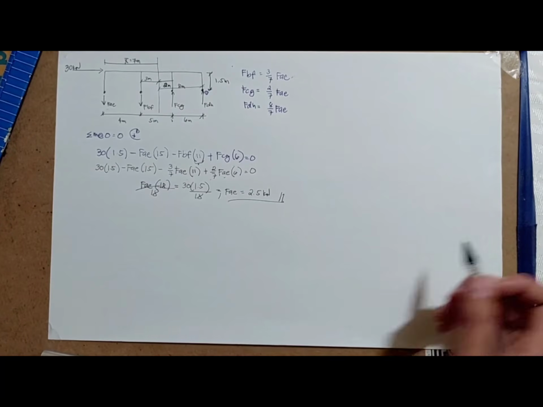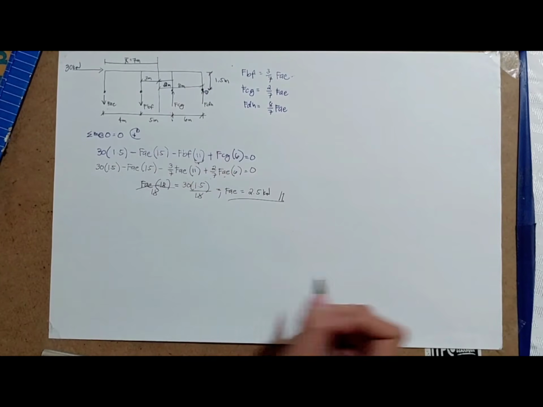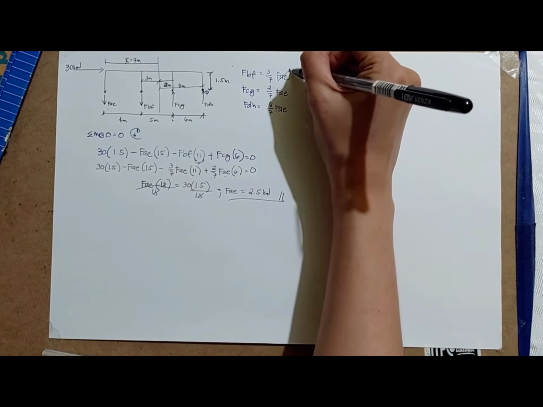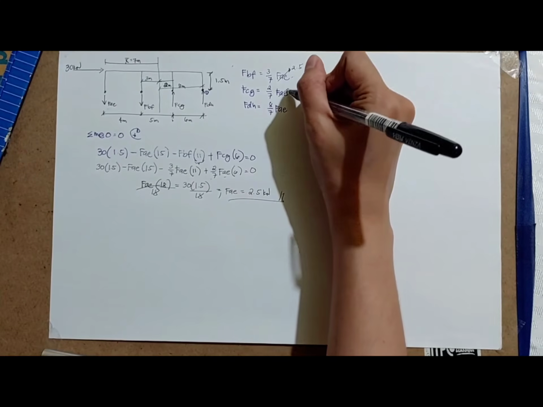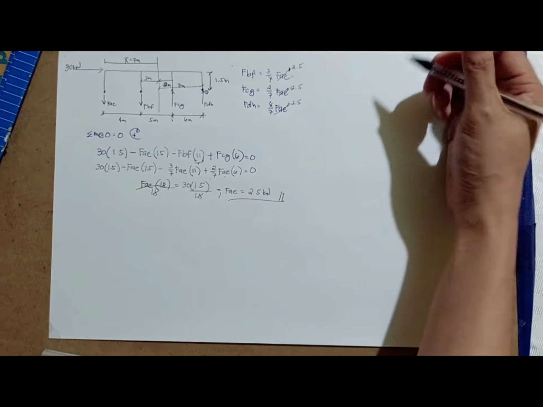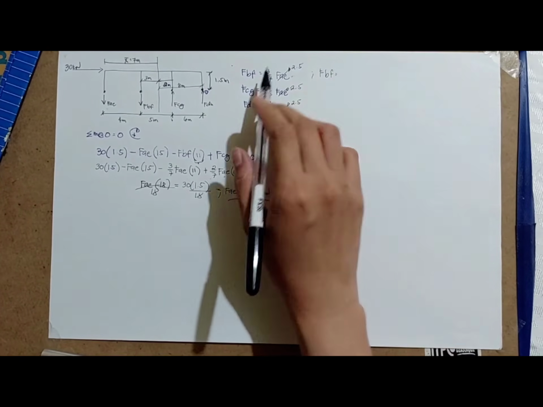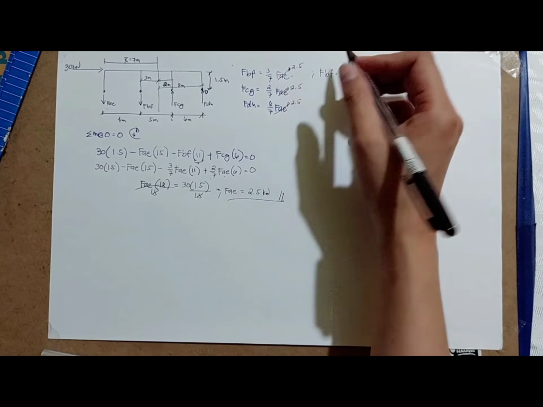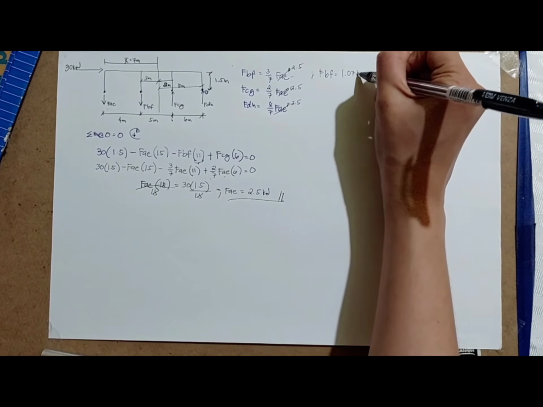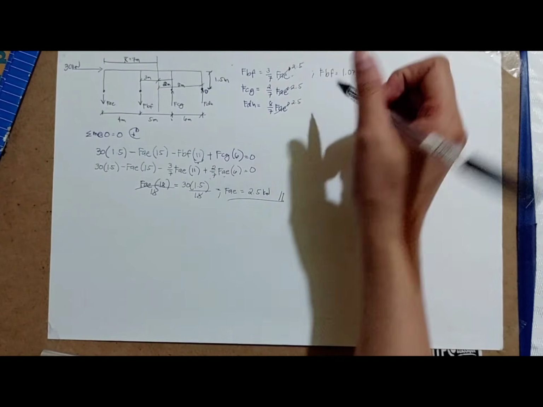Since we have this value, what we'll do is substitute here. We have 2.5, and also this is 2.5. So, your FBF here is equivalent to 3 over 7 times 2.5, which is 1.07 kilonewton. Next, we have 2 over 7 times 2.5.